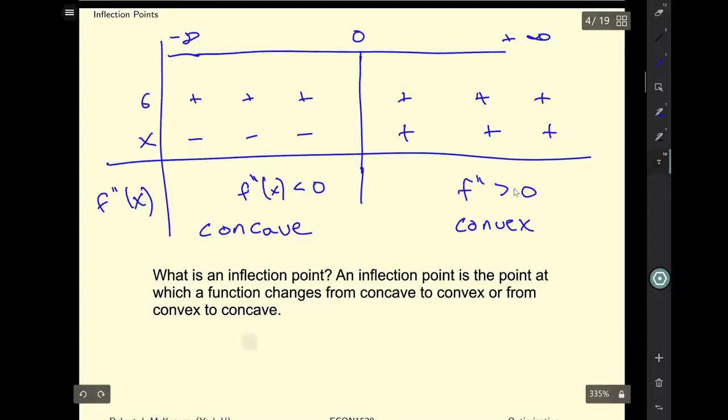So if f of x is equal to x cubed, then x equals 0 is an inflection point.